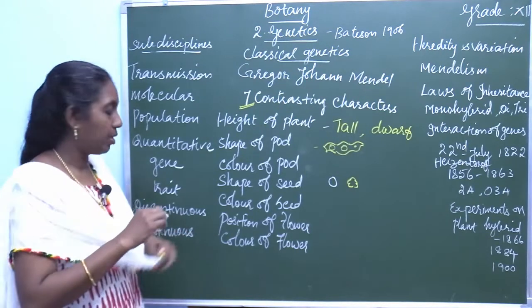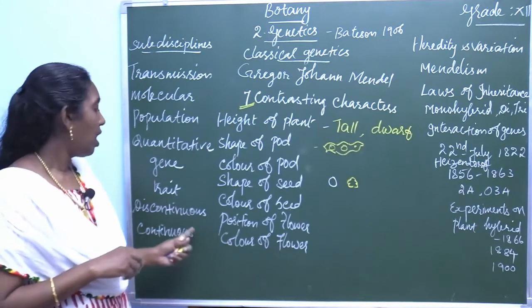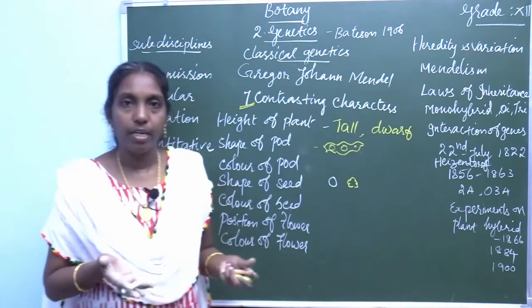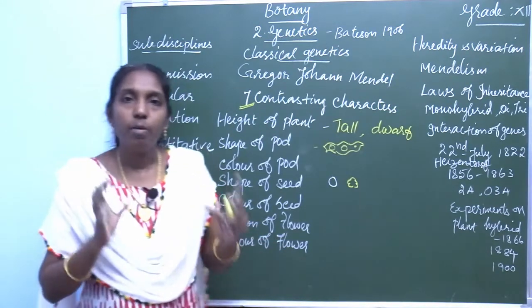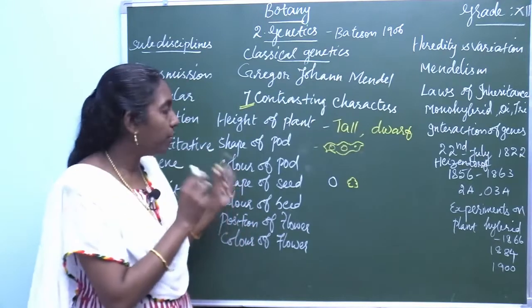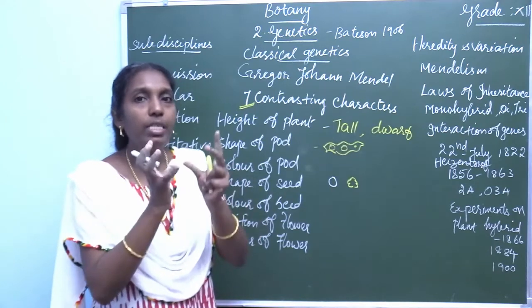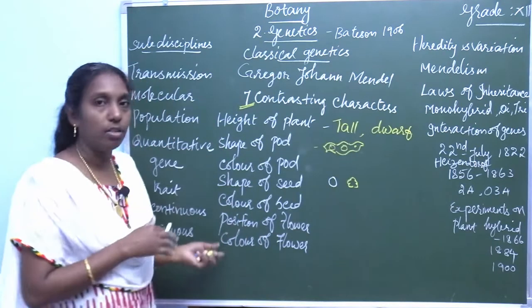In discontinuous variation, within a population, a few genes, one or two genes, are expressed, showing limited variations.